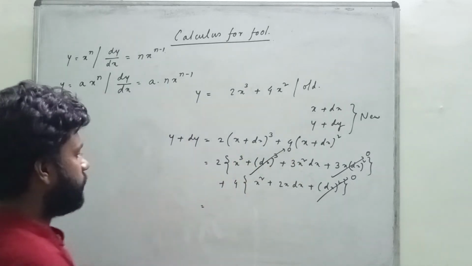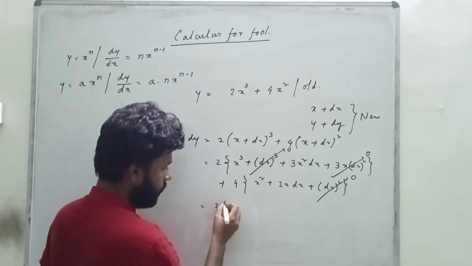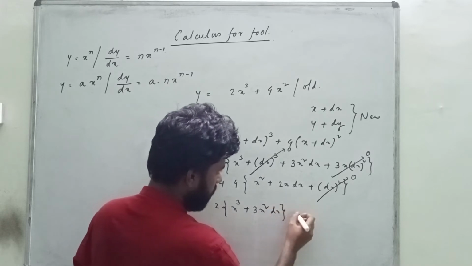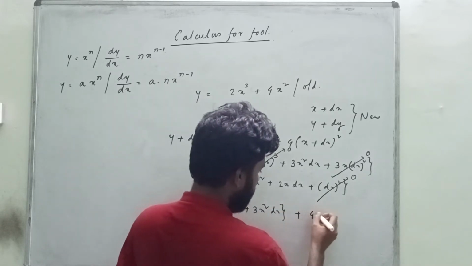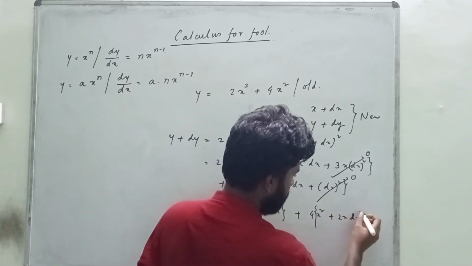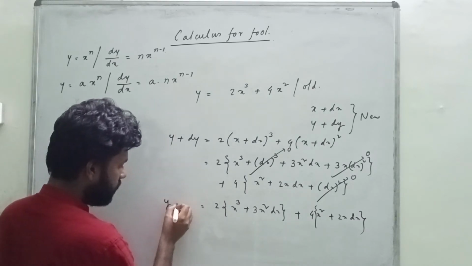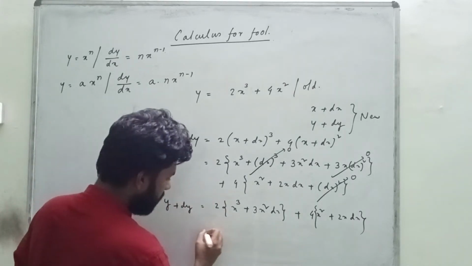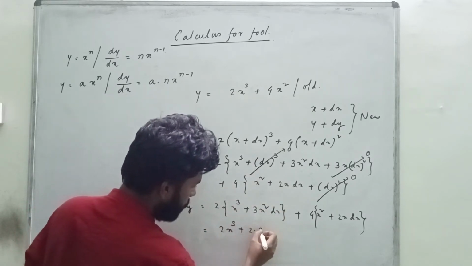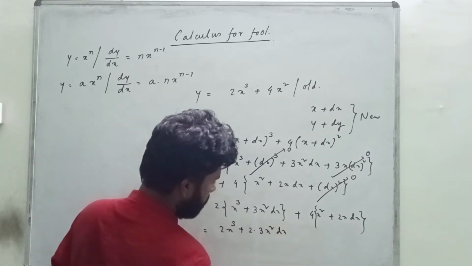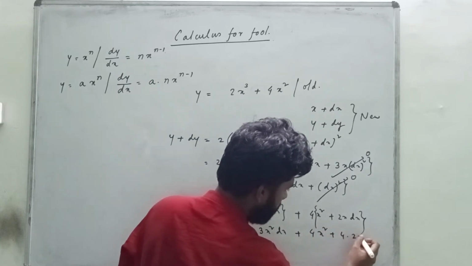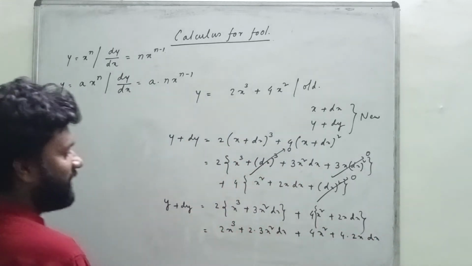So what equation do you get? It is 2x cube plus 3x squared dx, and then 4 times x squared plus 2x dx, right? It is y plus dy. Okay. And then the product of it is 2x cube plus 2 into 3x squared dx plus 4x squared plus 4 into 2x dx, right?